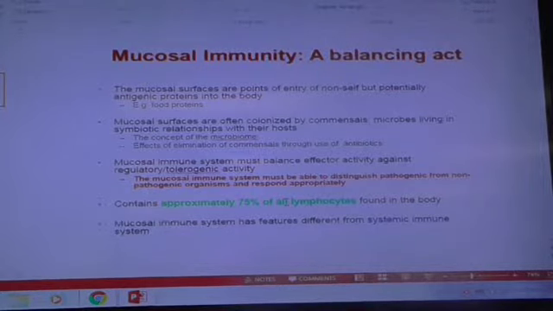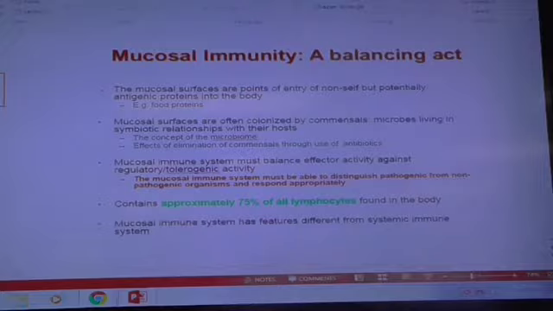A good example we will talk about is canine atopic dermatitis. Atopic is a kind of immediate allergic reaction that develops due to food antigens, food proteins, and may involve IgE antibodies triggering mast cells and all that. We'll talk about those later.